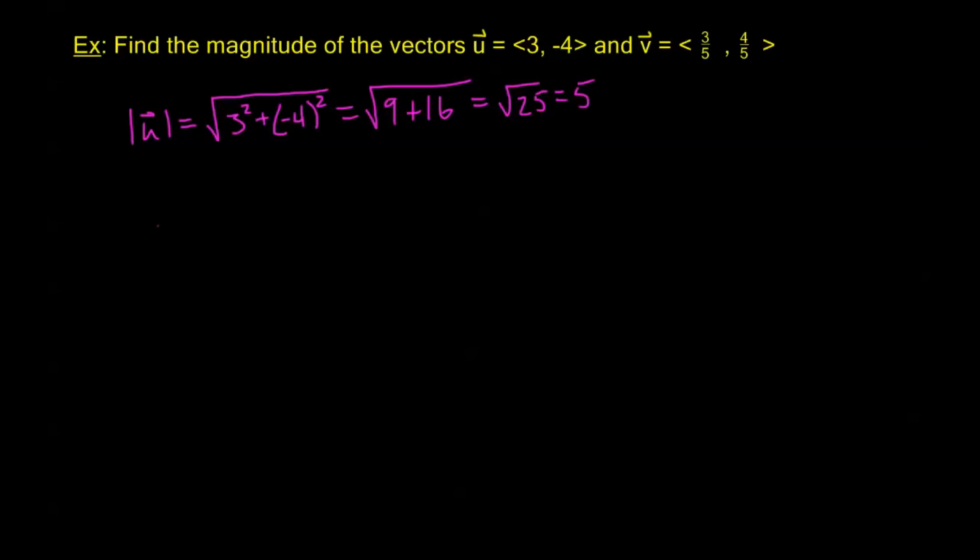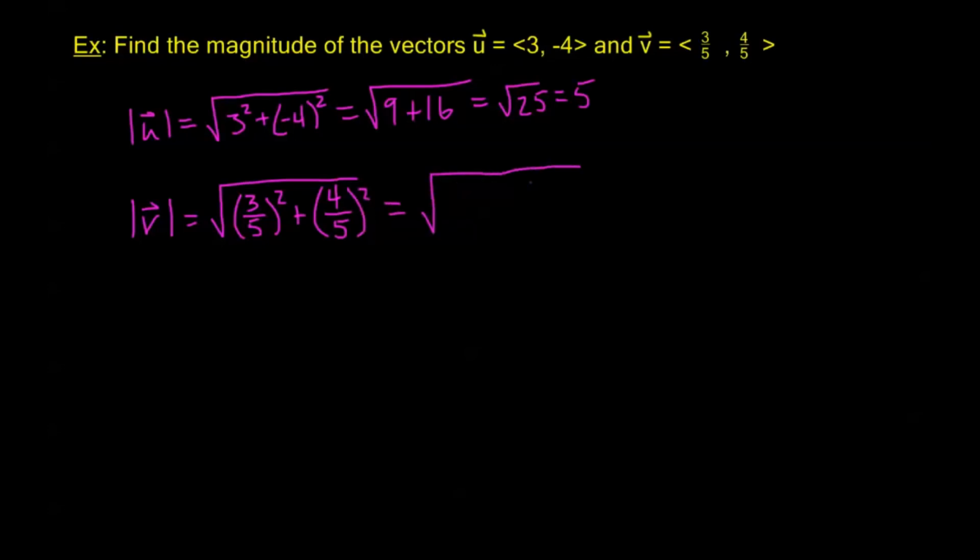Easy peasy. The magnitude of v we'll do something similar. This again is just the square root of a squared plus b squared. Here my a is 3/5. So I'm going to look at 3/5 squared plus, and my b is 4/5, we have 4/5 squared.